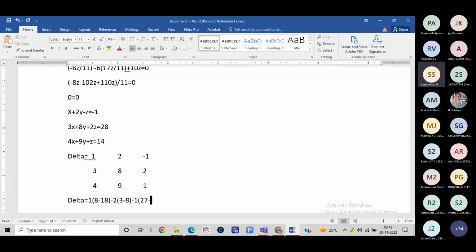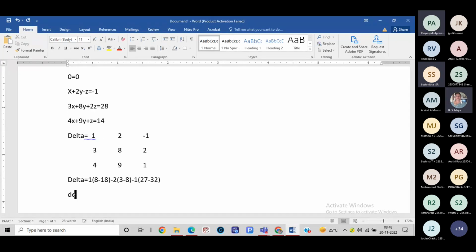27 minus 32. 18 minus 8, minus 10. Minus into minus is plus 10.